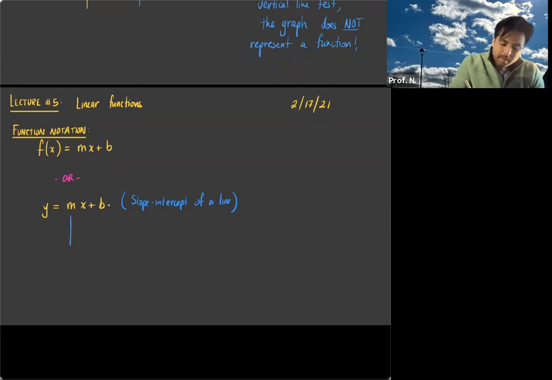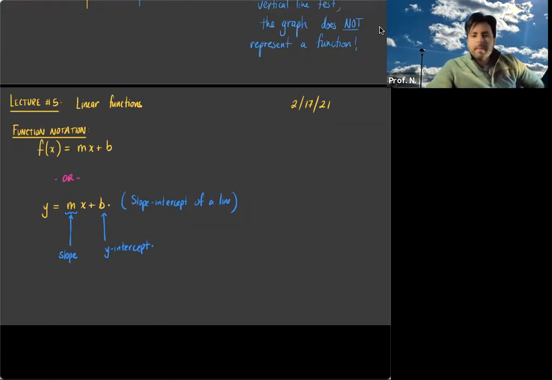And the m here represents something that's called the slope, and the b here represents something that's called the y-intercept. Have we heard of this before? Makes sense? Yes. Okay, great.